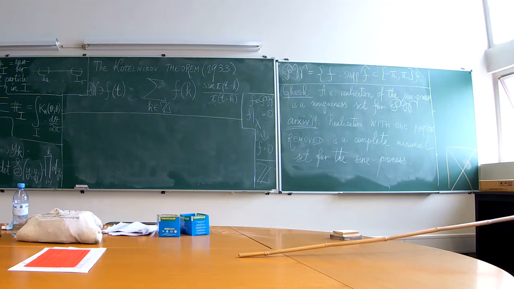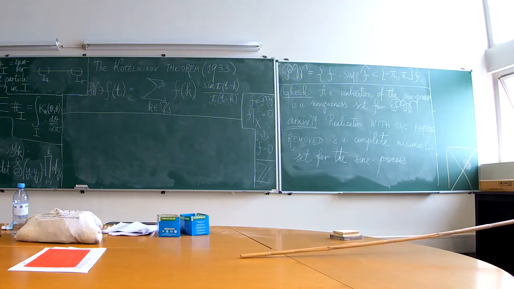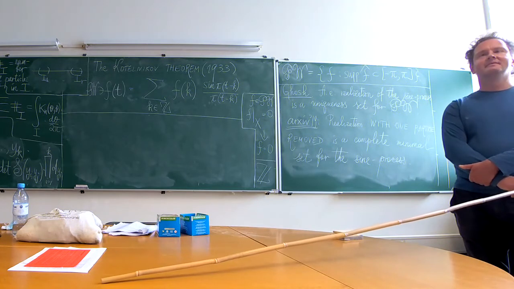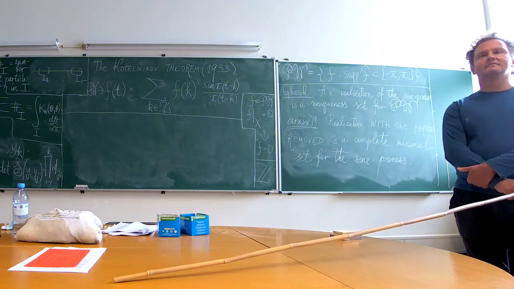Can I ask a question? When you say realization, for example, in this case, this is a realization. Yes, a subset is a realization. In this case that you have there, the cutoff, that is a subset, yes.